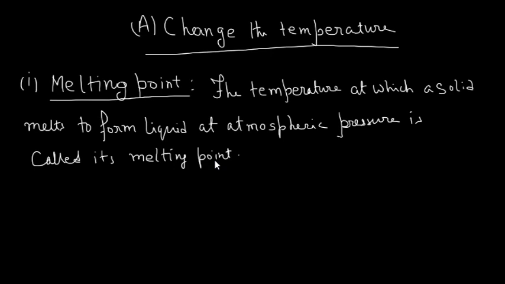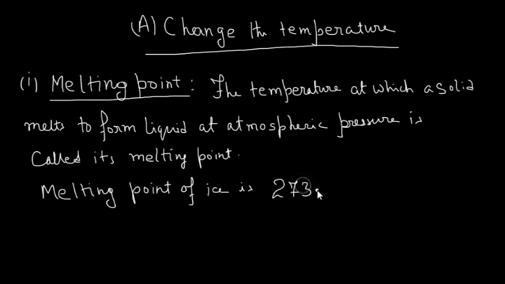So melting point of ice is 273.16 Kelvin, or which is equal to 0 degree centigrade.